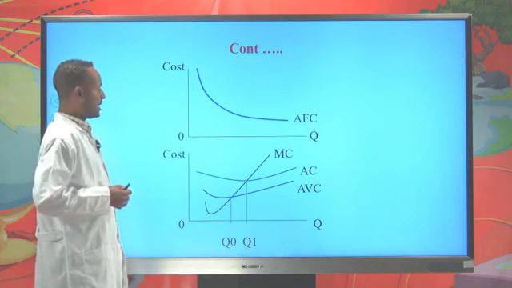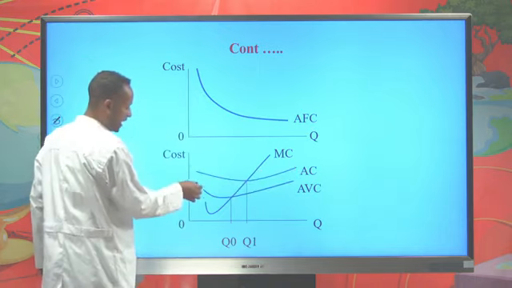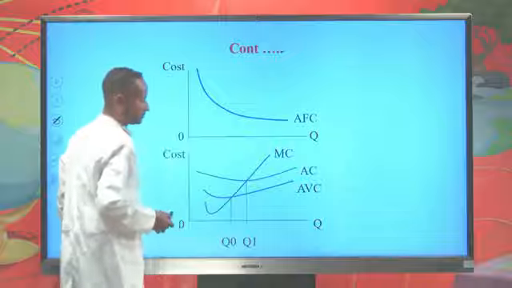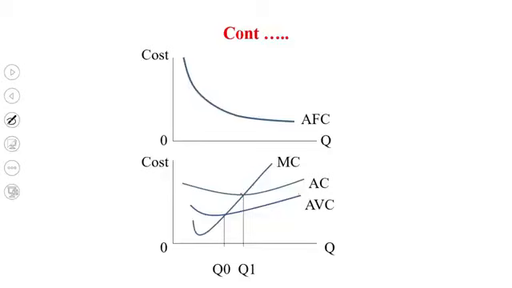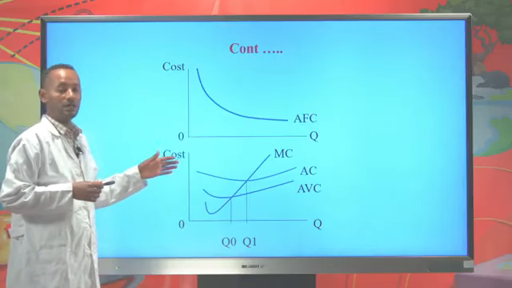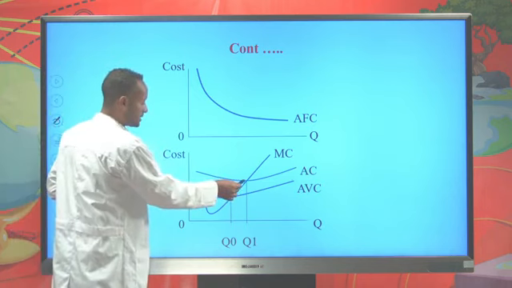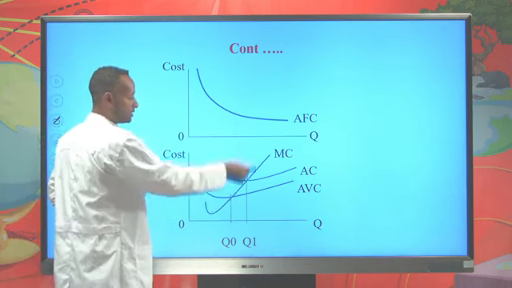First of all, let's see the relationship between the average cost of production, this AC curve, and this AVC curve. We see the patterns of both AC and AVC are similar. The patterns of AC and AVC are U-shaped. Initially, they decrease, reach their minimum point, and then they increase.